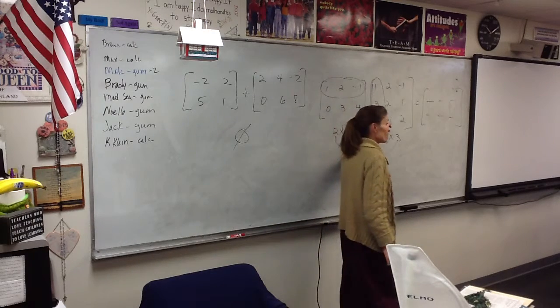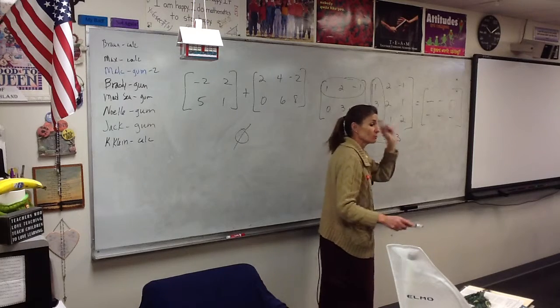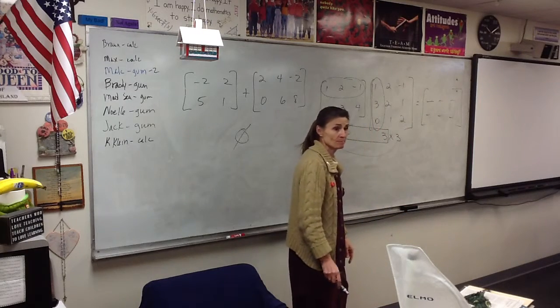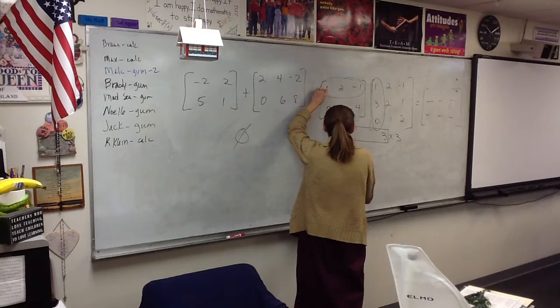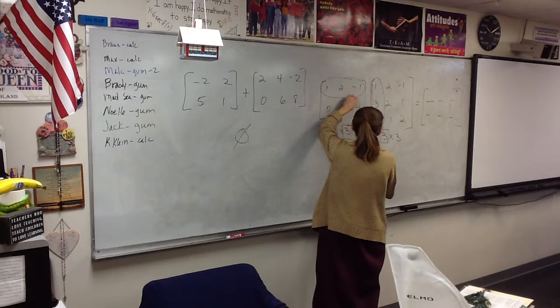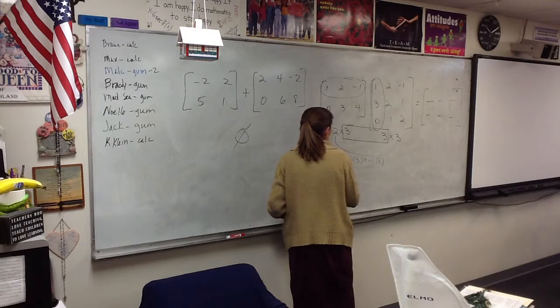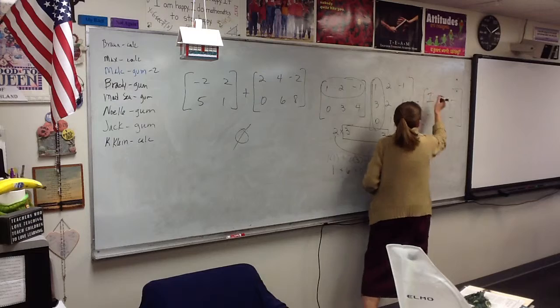How many numbers are in the first column? 3. You multiply first times first, second times second, third times third, and add them up. So 1 times 1, 2 times 3, and -1 times 0. And I add them up. So that's 1 plus 6 plus 0, so this first number is a 7.